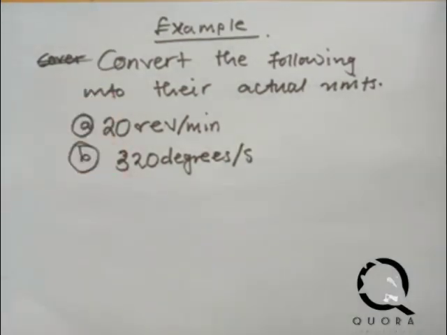Let's try these two examples. How do you convert degrees into radians, and how do you convert revolutions per minute into rads per second?